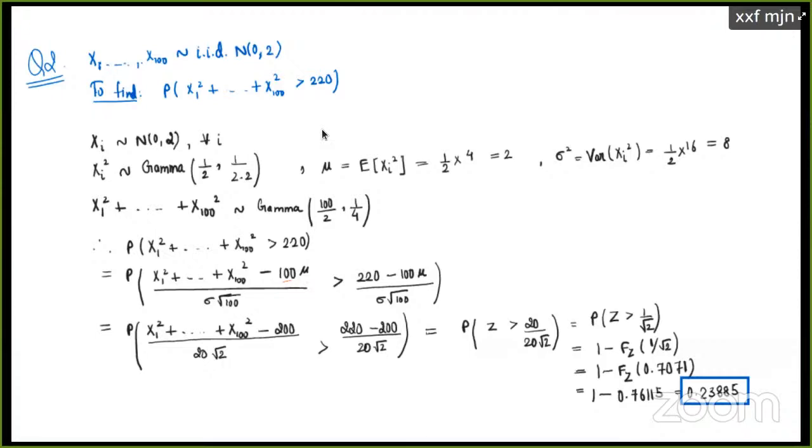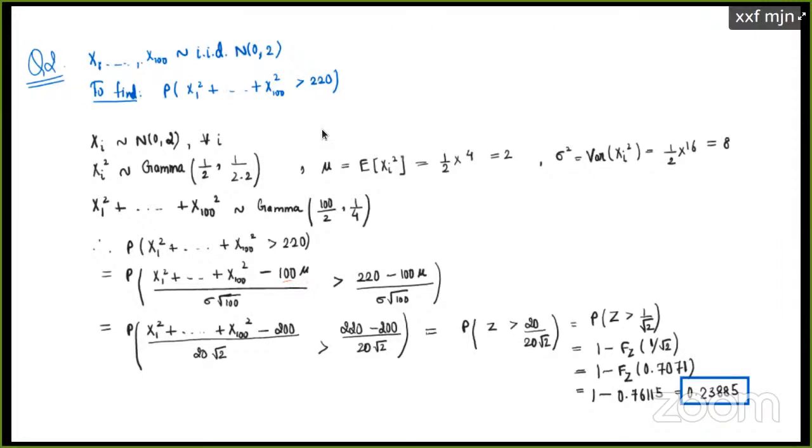So if alpha is equal to 1 by 2 and beta is equal to 1 by 4, then how to find the expectation of gamma? Expectation of gamma distribution is alpha upon beta. So here alpha is 1 by 2 and beta is 1 by 4, right?